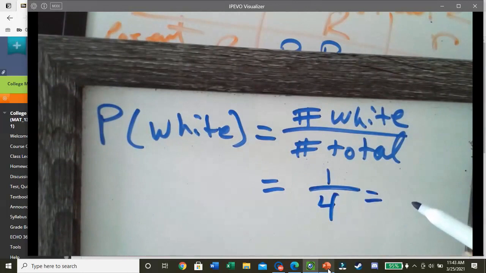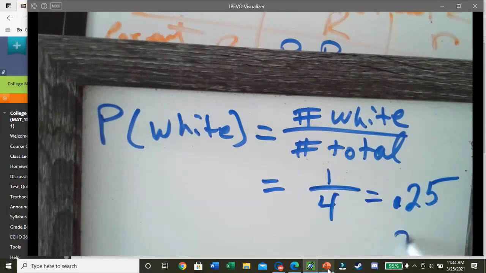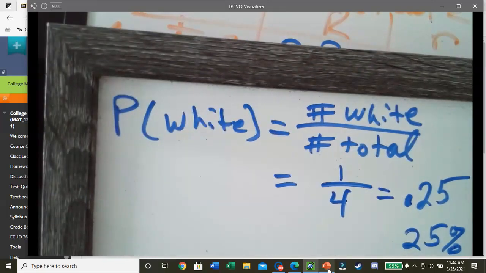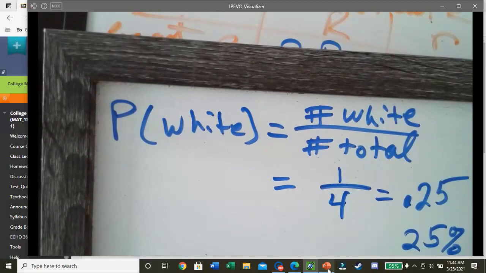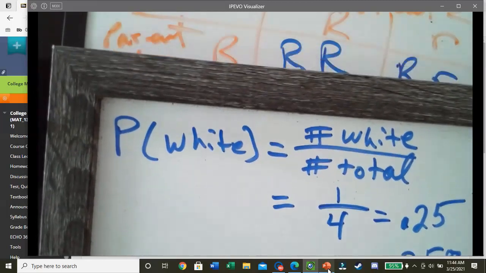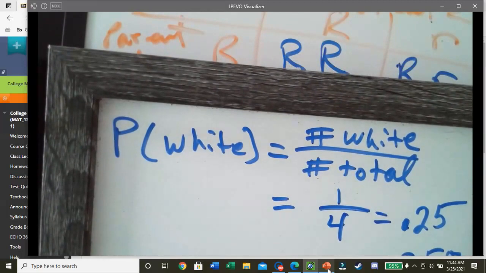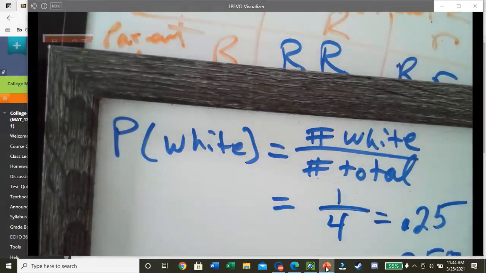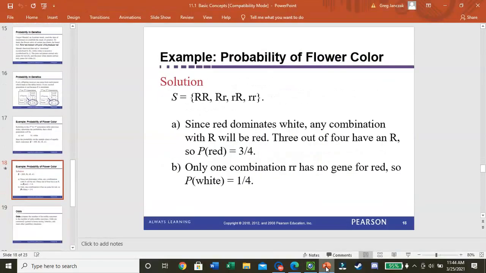So as a decimal, that would be what? 0.25, yeah. Okay, or 25%, right? Okay, questions with that? So that's how we tie genetics into our lesson on probability. Okay, questions with that? All righty. And so that's what we did there.